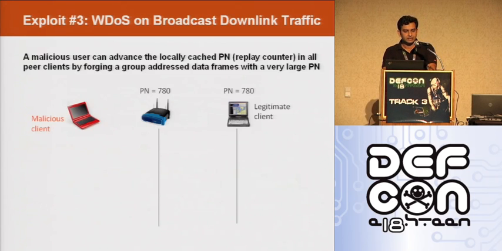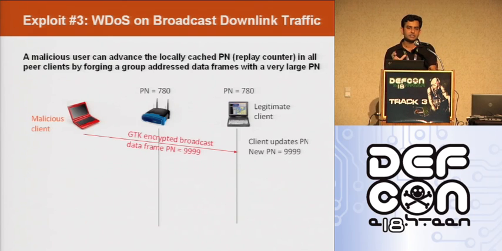So the attacker is going to exploit this replay detection logic. Here the attacker is injecting a very large, arbitrarily generated packet number, because it is a 48-bit number. Let's take this example in which the last successfully received packet number at the client was 780.